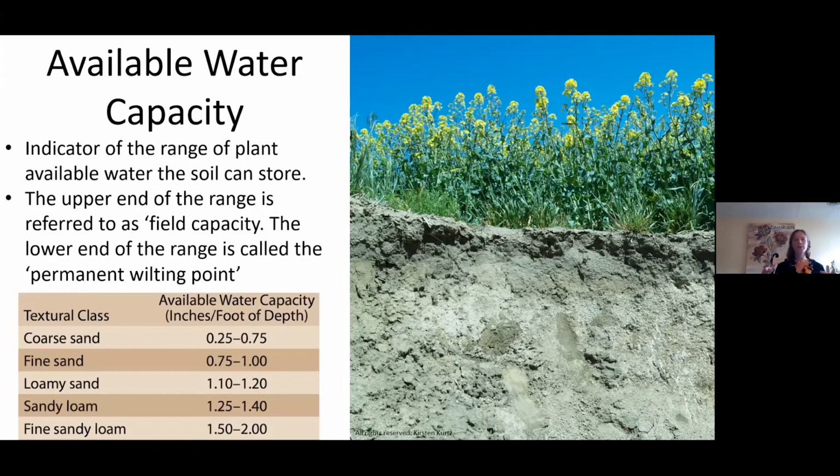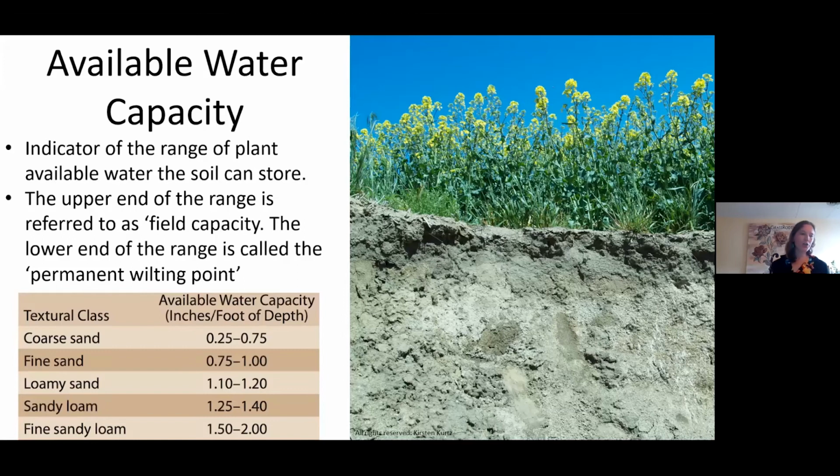It's as much water as that soil can hold. And then we look at the far other end, which is called permanent wilting point. Permanent wilting point is when your soil is incredibly dry to the point where it's actually pulling moisture out of the plants themselves to the point that they can't come back from it, quite literally permanent wilting point.